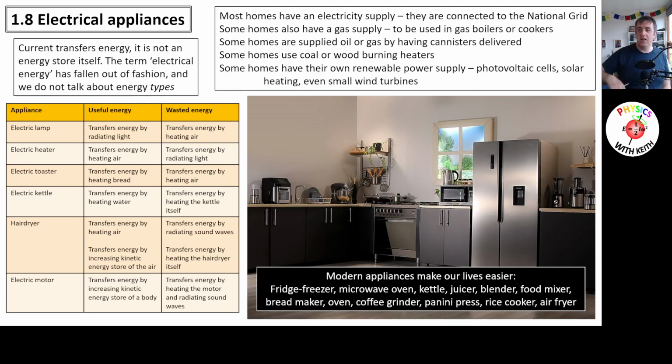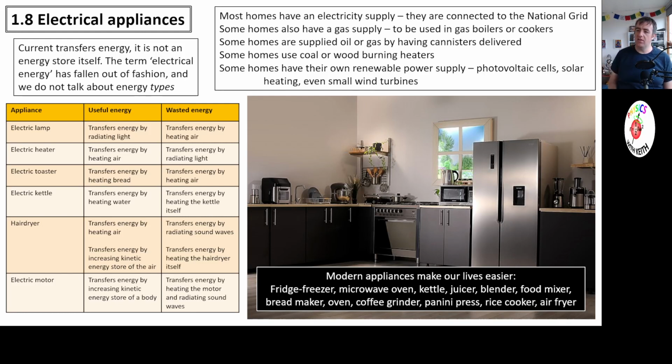How do we get the energy in the first place? Well, most homes are connected to the national grid. That's how we get our electricity. A lot of houses are connected to a gas supply. I say houses, they don't have to be houses, any sort of homes.